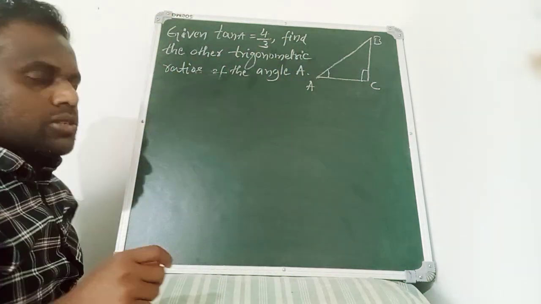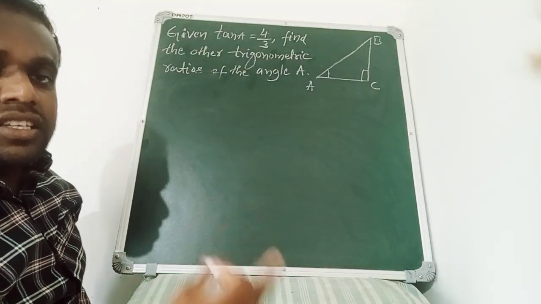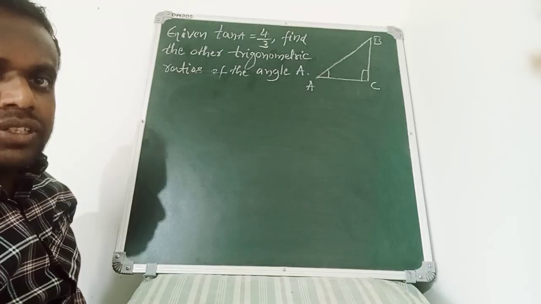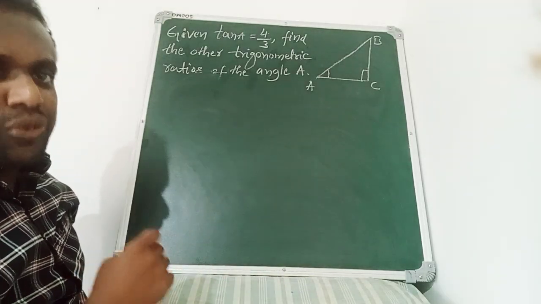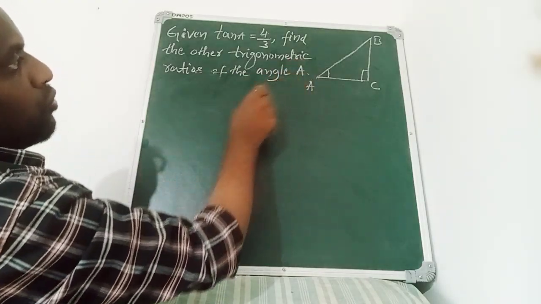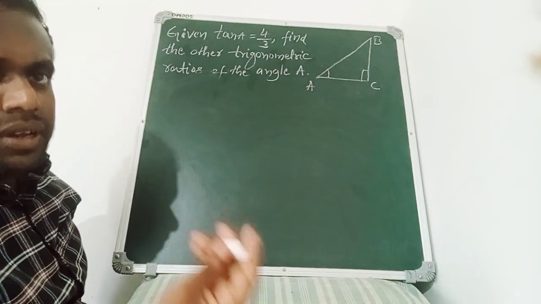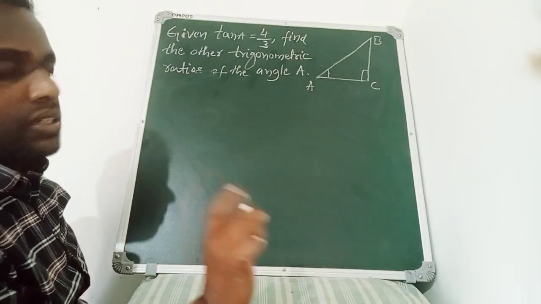Other trigonometric ratios means what? Sin, cos, secant, cosecant, cot. Okay. So those values, those ratios we have to find. That's the question. Ratios of the angle A. While finding the trigonometric ratios like sin, cos, we have to consider sin A, cos A like that.